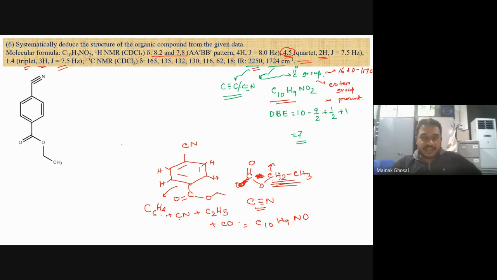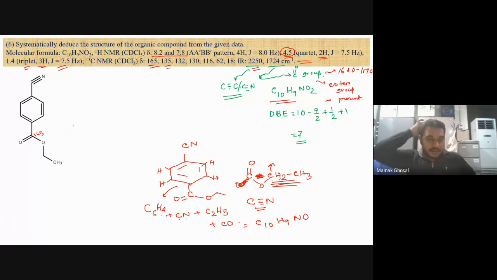Now I have to match it with the carbon 13 data. I get 165, this is this one. 135 is this cyanide. Then 132, 130, 116, 62, and 18.